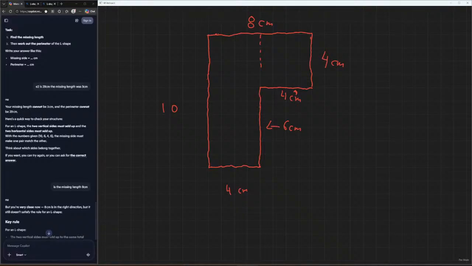I got it from this side. And we have 4 plus 4 plus 4.